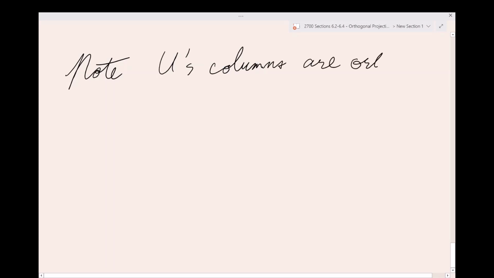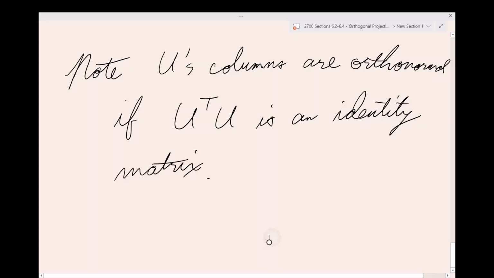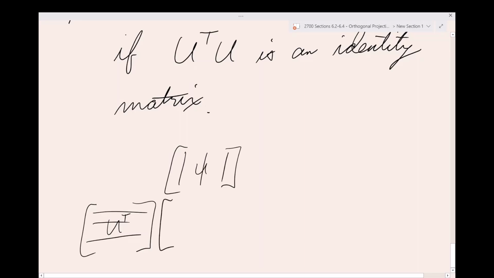Are orthonormal if I do U transpose U and I get an identity matrix. So why would that be? Well, here's my U transpose, so its columns are going sideways. Here's my U, its columns going vertical.